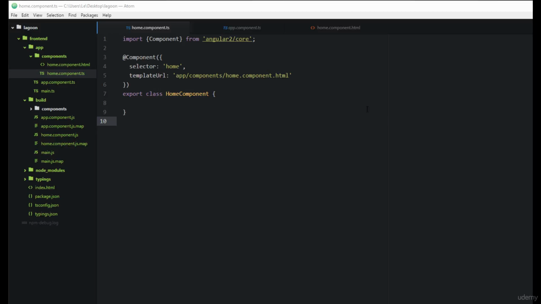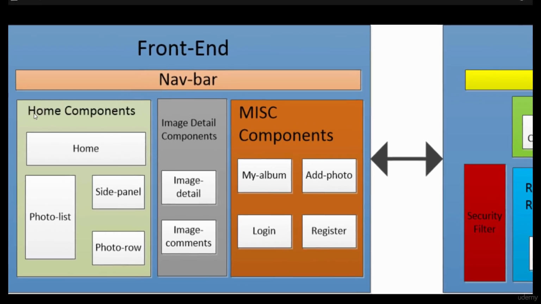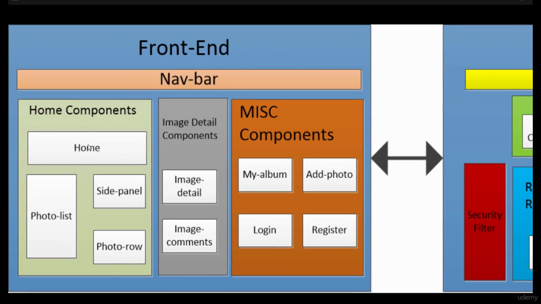All right. And if we look back at our diagram, we have the home component here. And under home component, we have photo list and side panel. And under side panel, there is photo row. So it basically goes down like that. That's basically how Angular 2 is designed to be. So Angular 2 is promoting modular design.